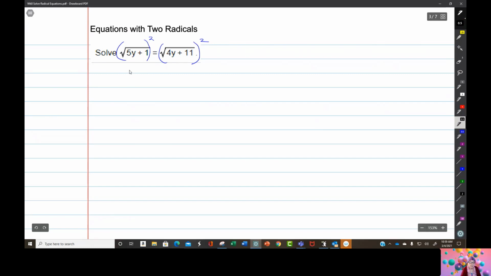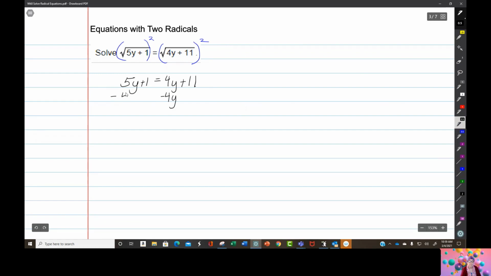And that will give us 5y plus 1 equals 4y plus 11. Not even quadratic, which is pretty good.